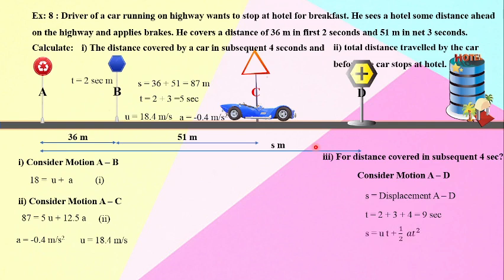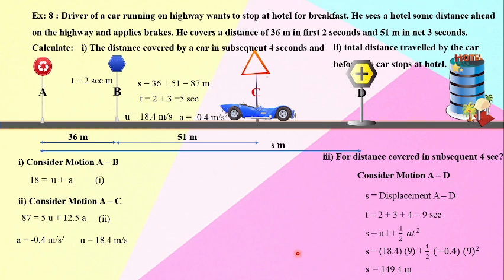So s is equal to ut plus half at square. You have already found out the value of u, a and t also. Substitute the values. So total distance traveled in next 4 seconds is equal to 149.4 meter from A to D. Is it okay?